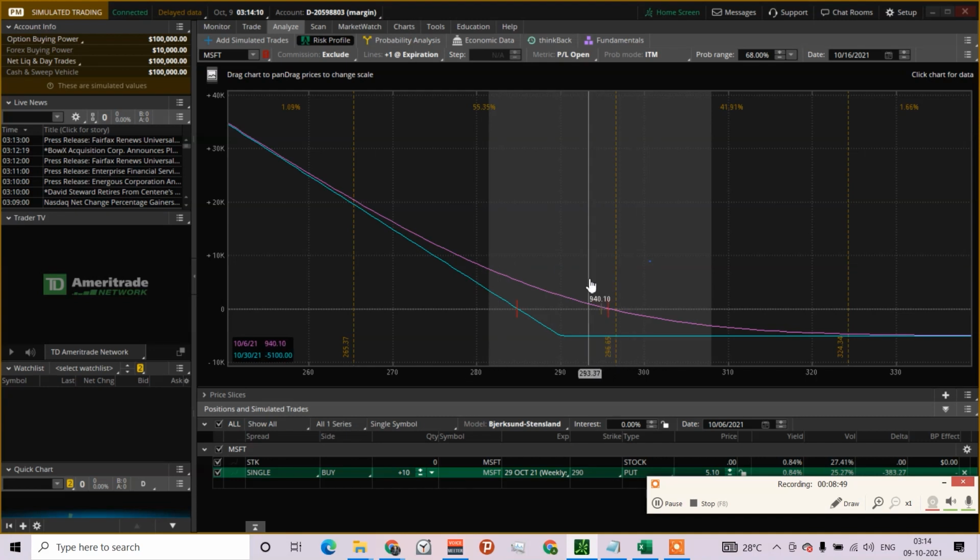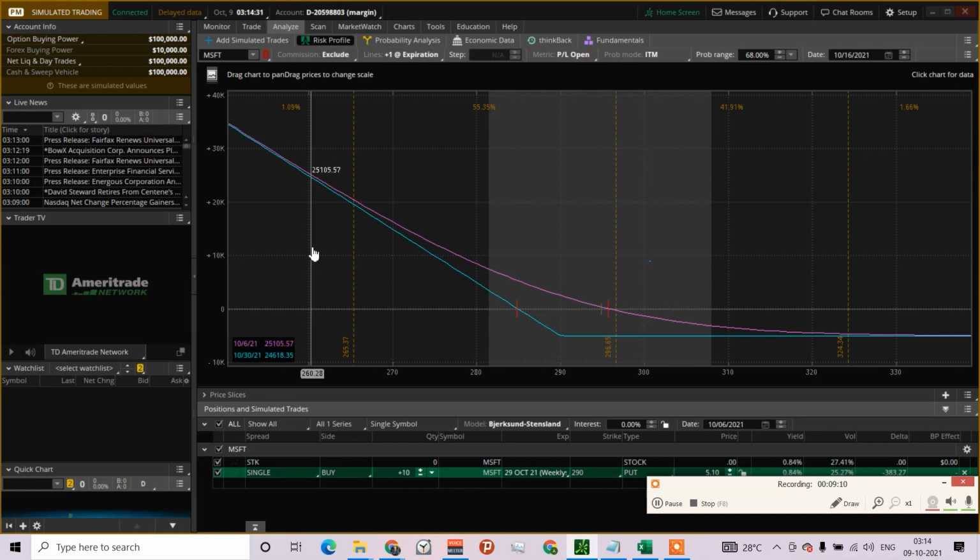As I mentioned here, there is limited risk and limited reward, but as you can see, it's almost like unlimited reward on the other side, because if the price goes to zero, you're making a lot more money out of it.